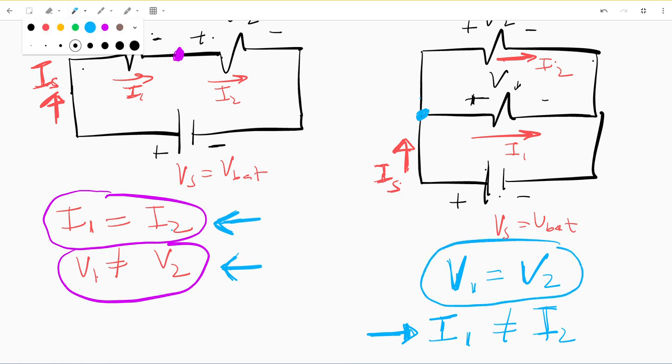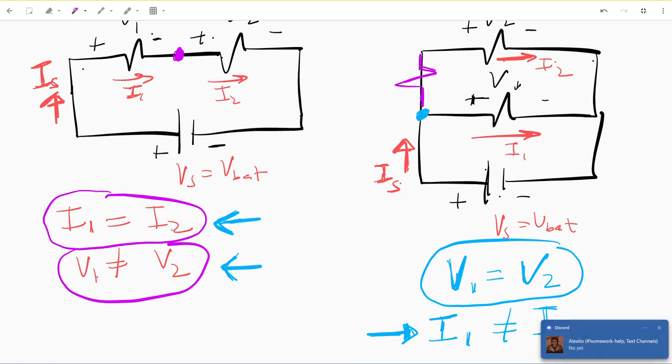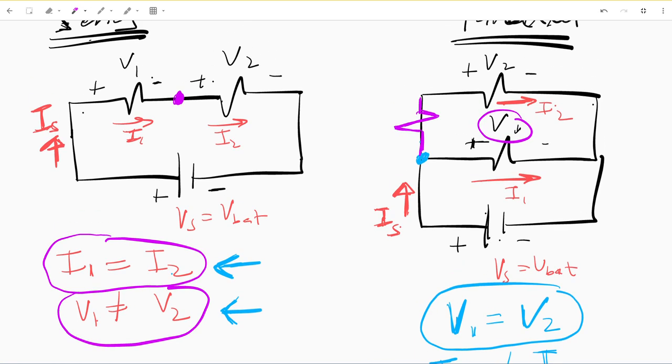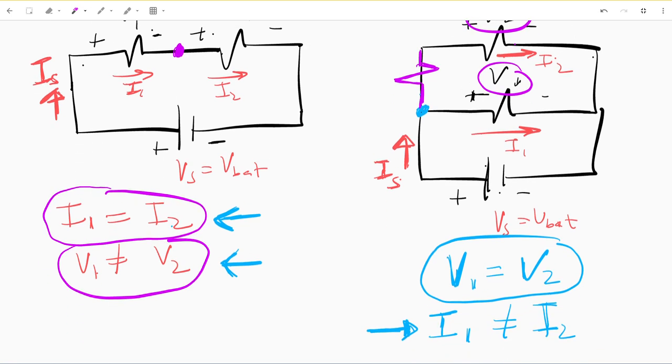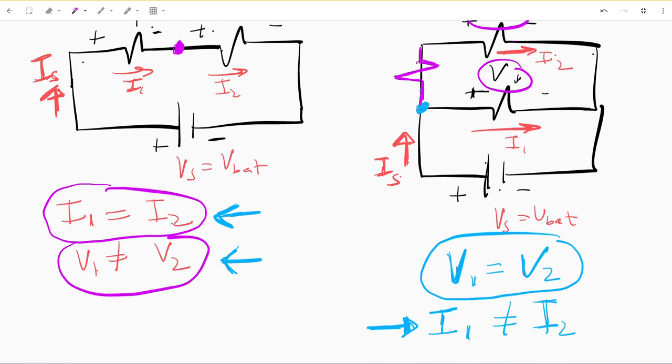The reason is, as we will see, this can be an extraordinary node, but we can insert a resistor here, and we can insert a resistor here. And in this situation, V1 will not equal V2, and I1 will not equal I2.